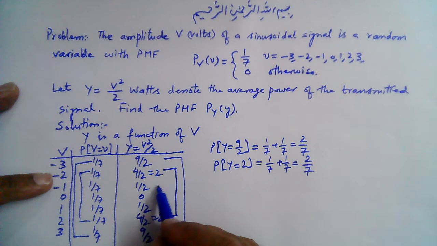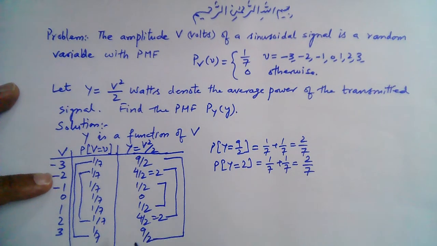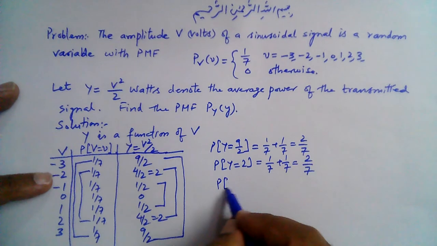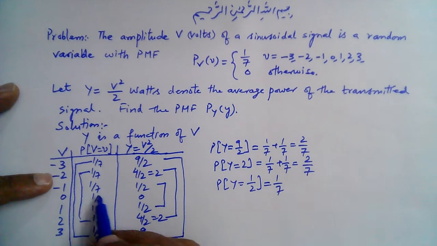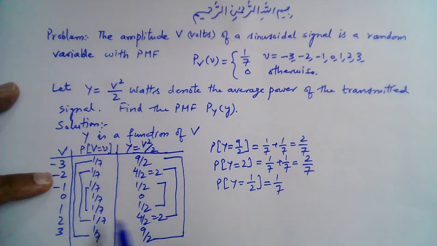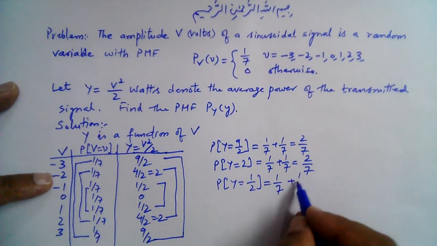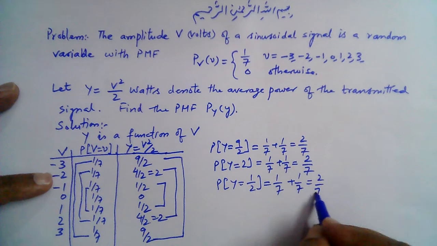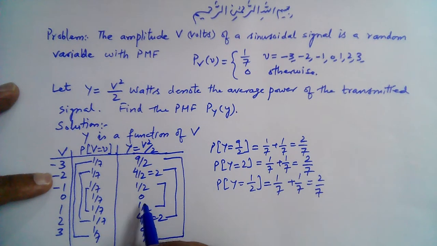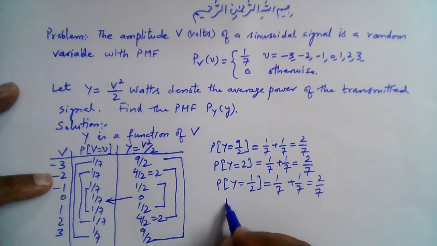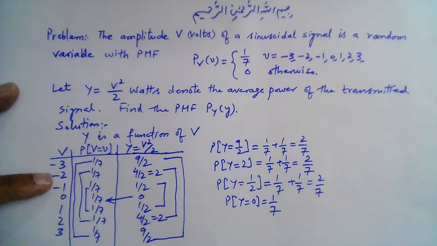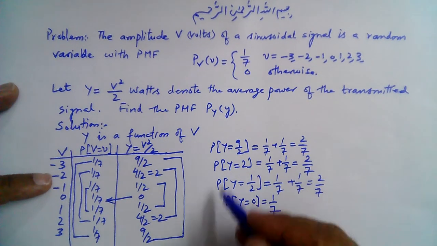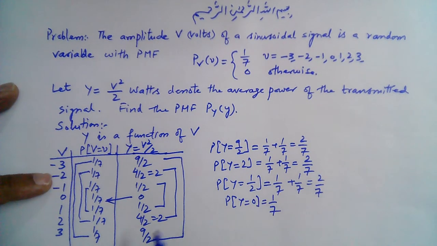Another value that Y can take on is 1 over 2. So the probability that Y is 1 over 2 is again 1 over 7 plus 1 over 7, that is 2 over 7. And then the probability that Y is equal to 0 is just 1 over 7.